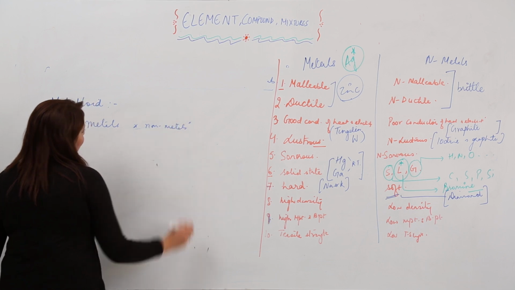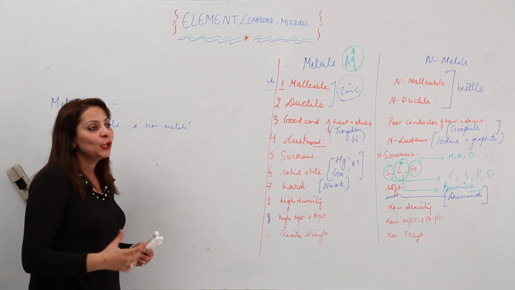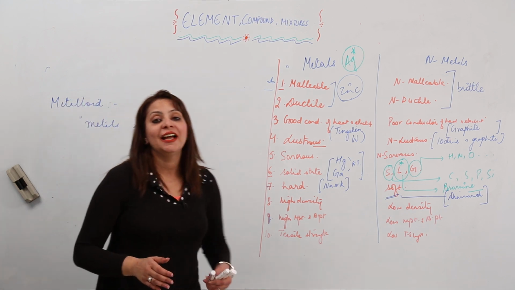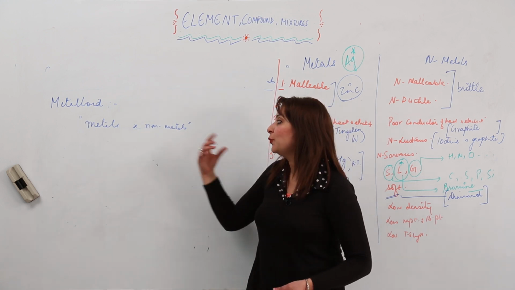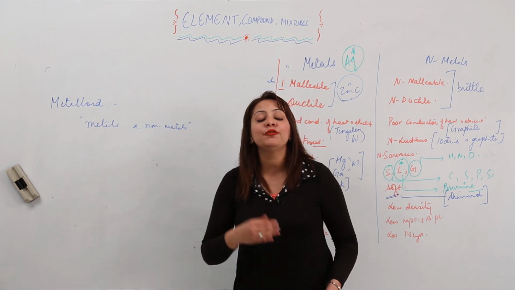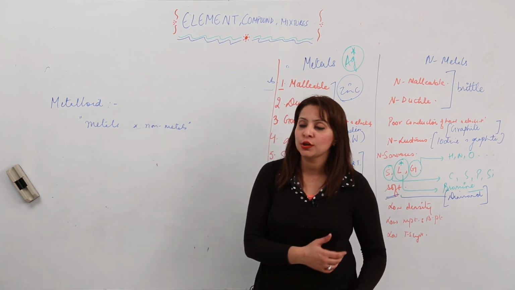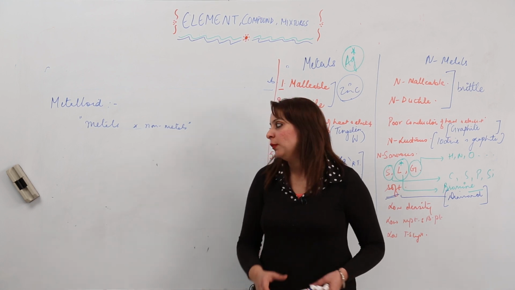Now the question must be arising in your mind, how can an element have the properties of metals and non-metals? I just want to clear that they don't exhibit all properties of metals or all properties of non-metals. A few properties resemble metals and a few resemble non-metals. Or we can say they show a midway between the metals and the non-metals.